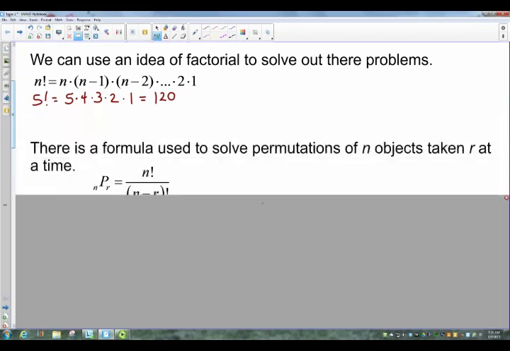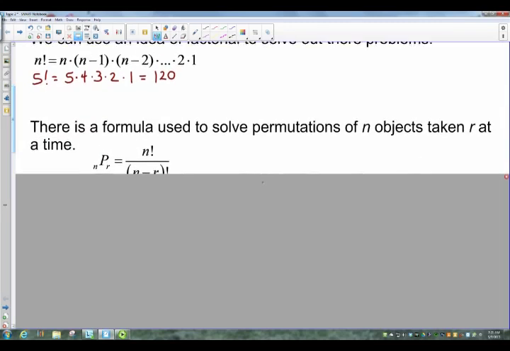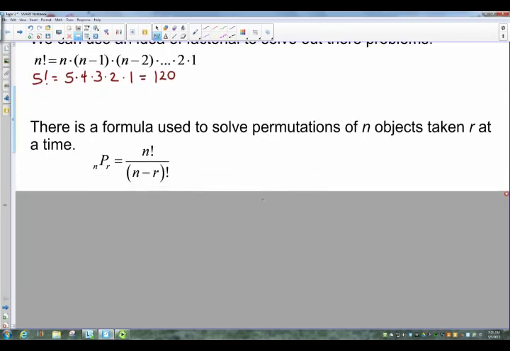All right, so what this does is allows us to use this formula for permutations. So a formula for permutations of n objects taken r at a time. Now that may look a little confusing, but n objects is just the total. So n is always the total. So how many things are you actually working with? The r is how many things you're using.